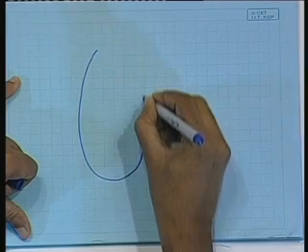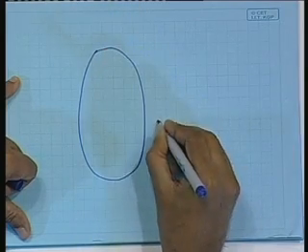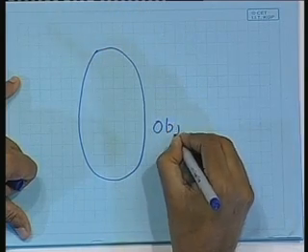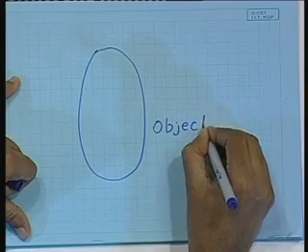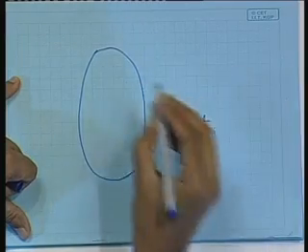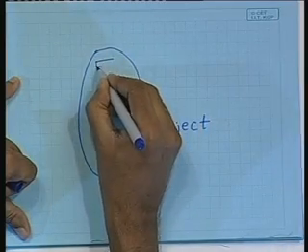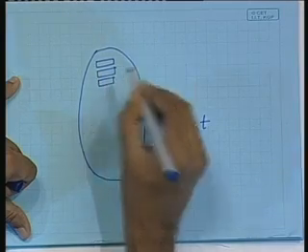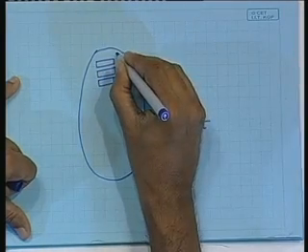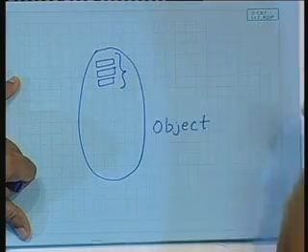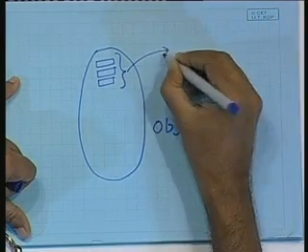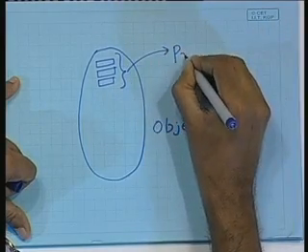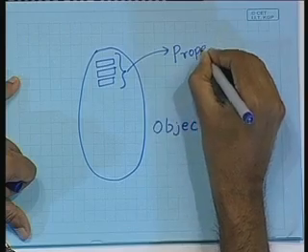Suppose this is an object. Within the object we can have several variables which can be accessed publicly by other variables. These variables we can call the properties of the object.